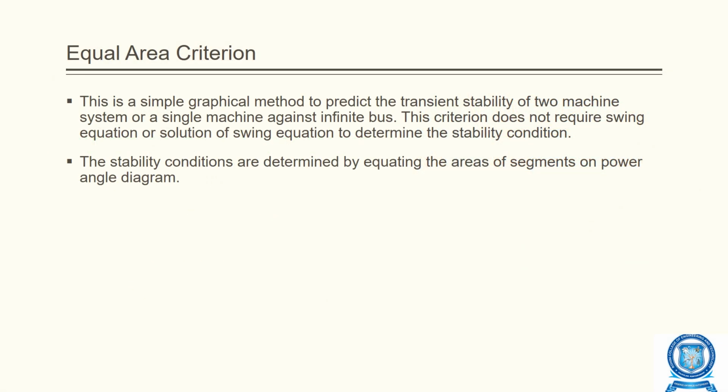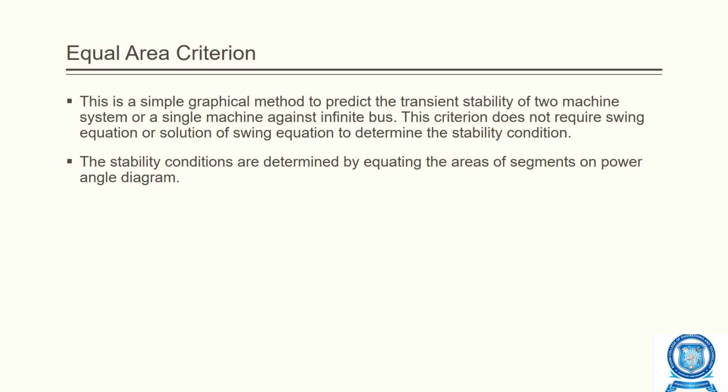Equal area criteria. The stability of a single machine connected to an infinite bus can be studied by the use of equal area criteria. The method is used for quick prediction of stability.